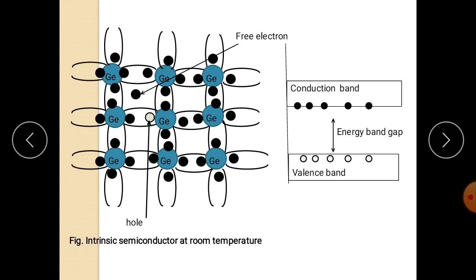Both charge carriers move in opposite directions, and hence electric conduction takes place. So in an intrinsic semiconductor, the two types of charge carriers, the positive charge carrier hole and the negative charge carrier electron, play an important role in electric conduction.